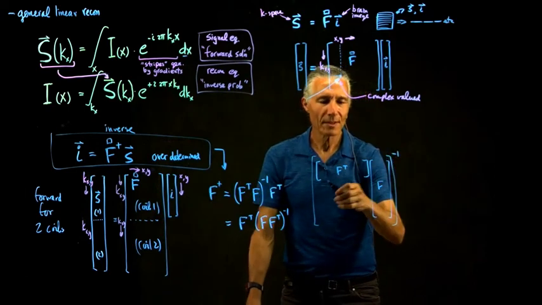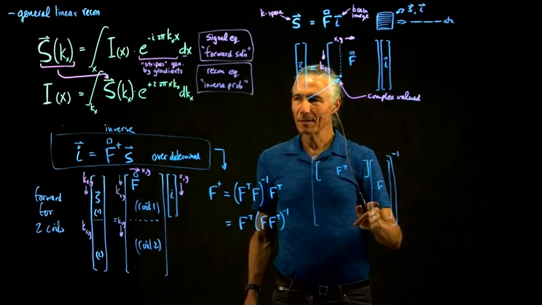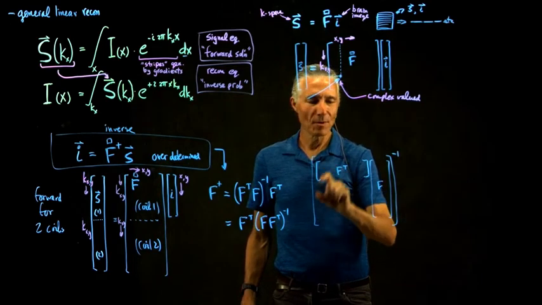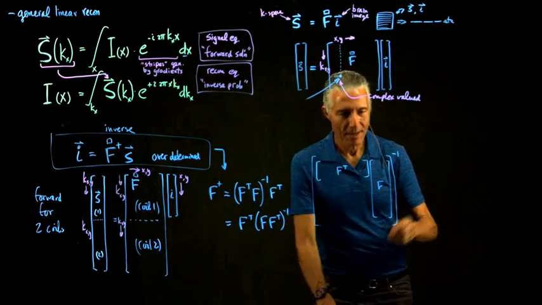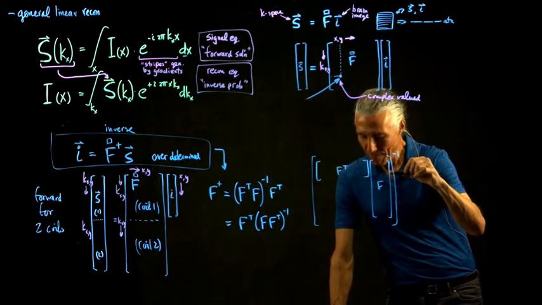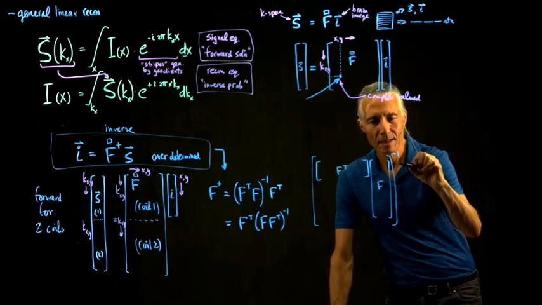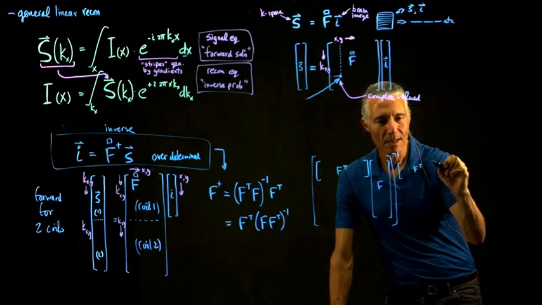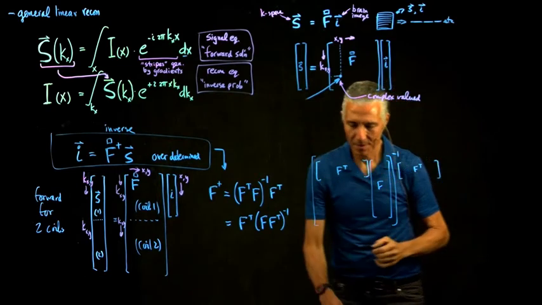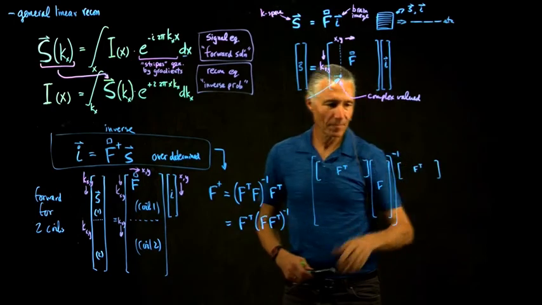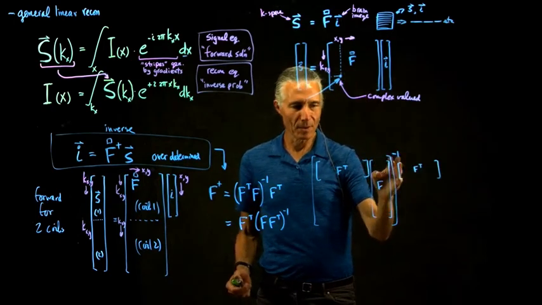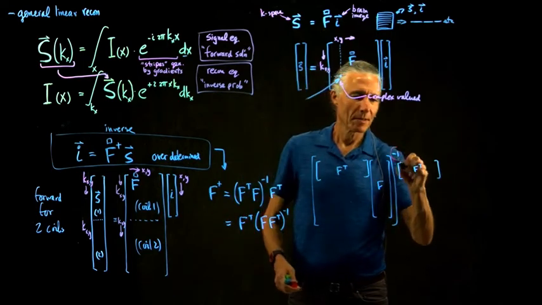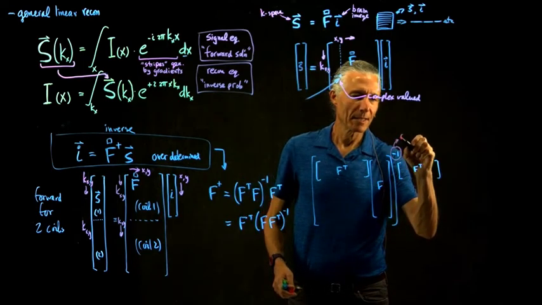But the good thing about this is when you multiply two rectangular matrices like this, you get a small square matrix. And then we multiply that small square matrix times the transpose again, and we get a nice result. That makes more numbers, but the main problem is that this part is computationally expensive.